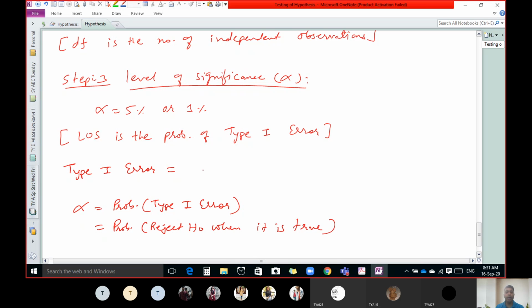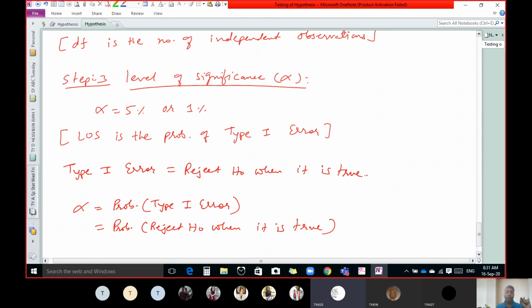This is type 1 error: reject H naught when it is true. And whatever the probability of type 1 error is, that is known as level of significance.